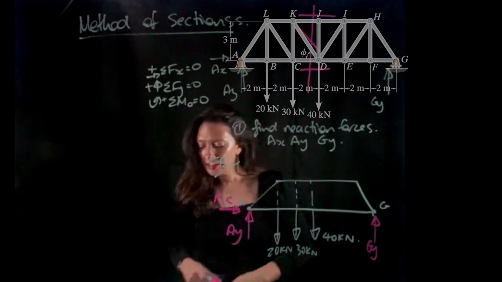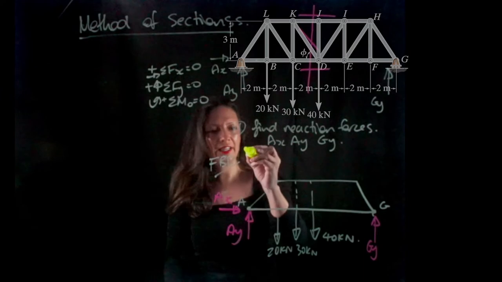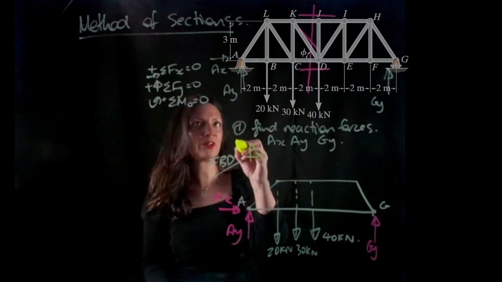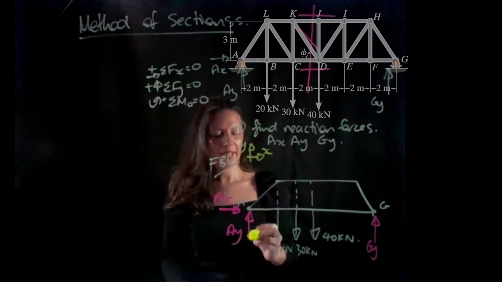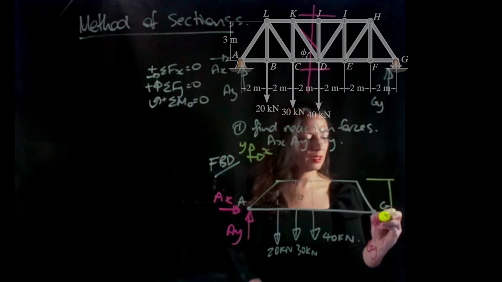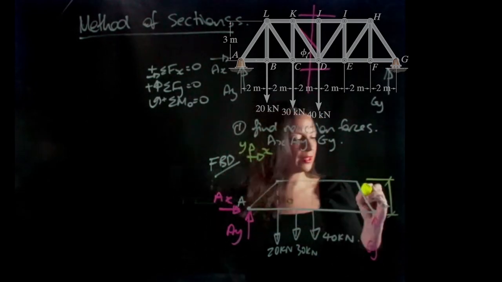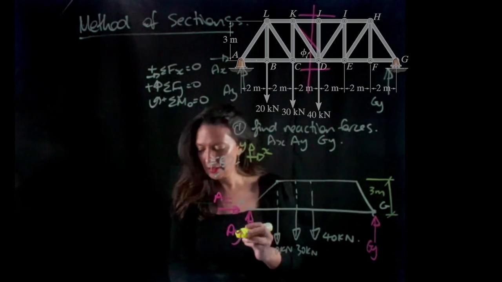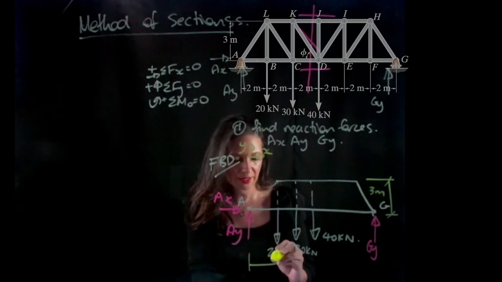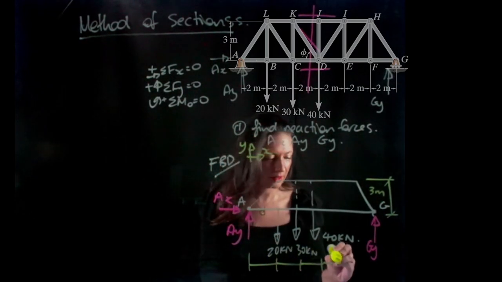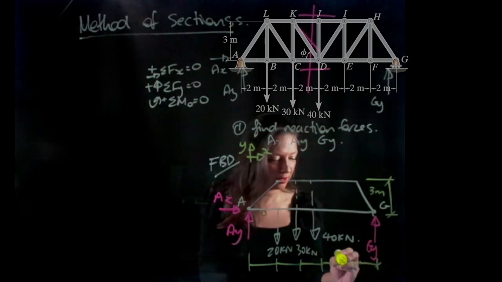Let's put some distances in. We should identify our X and Y, which way is positive, and the height of my truss is 3 meters, and these dimensions are 2 meters each.